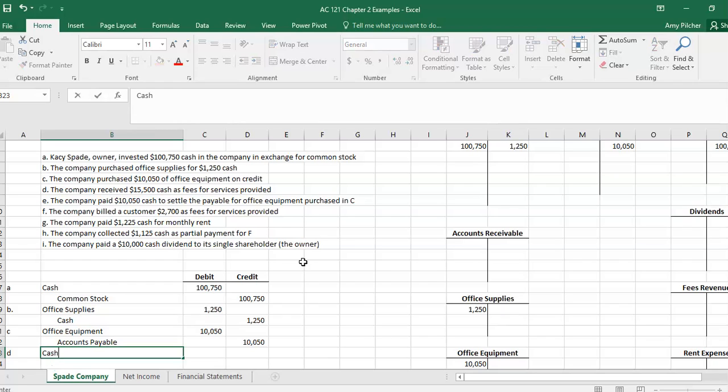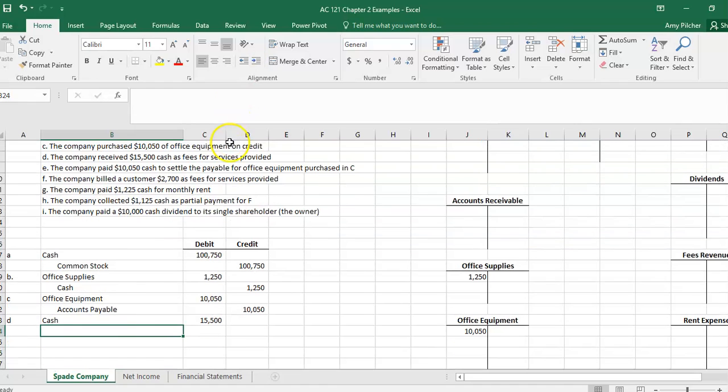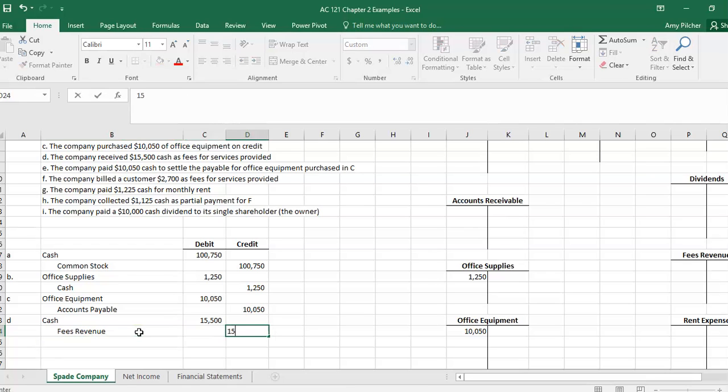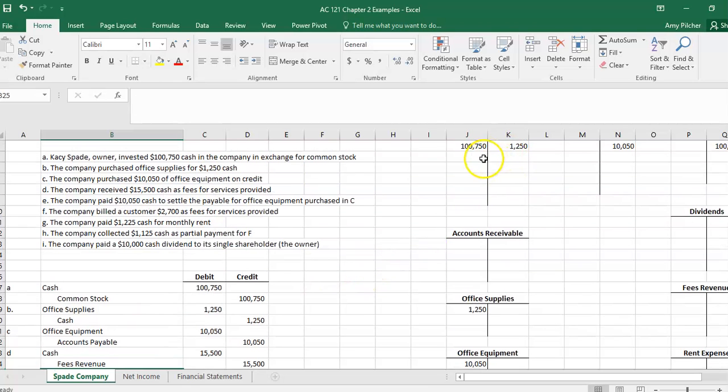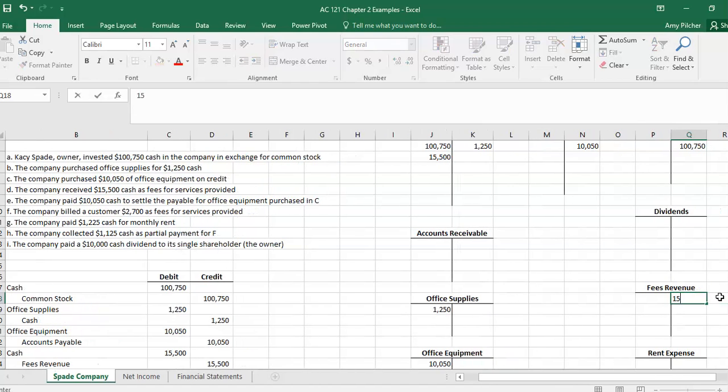So we're going to debit cash for $15,500 and credit fees revenue for $15,500. Debit cash and credit revenue.